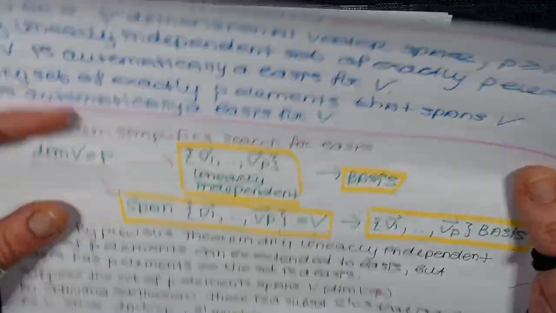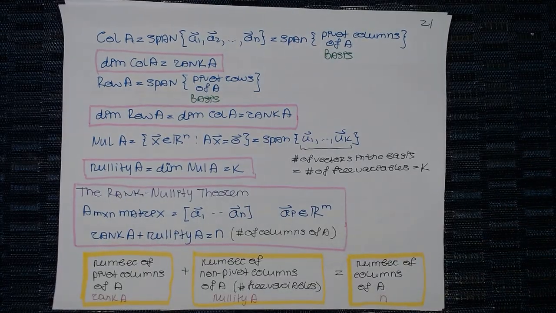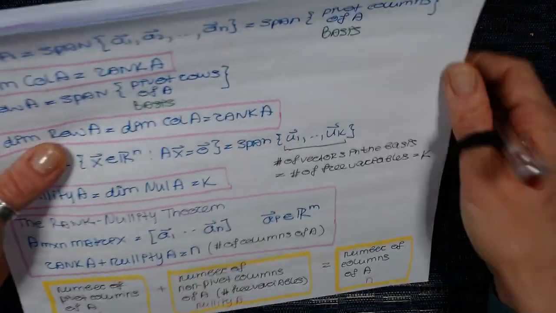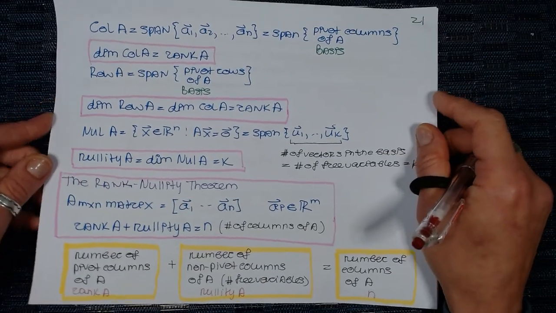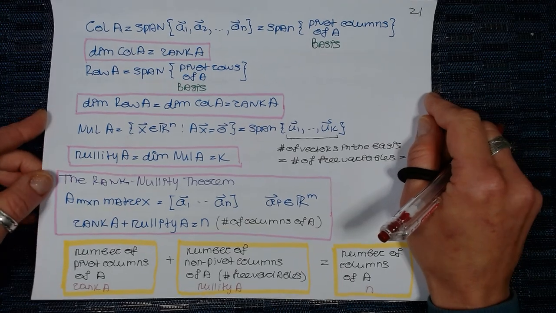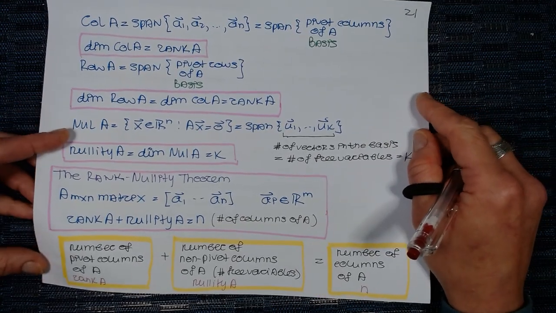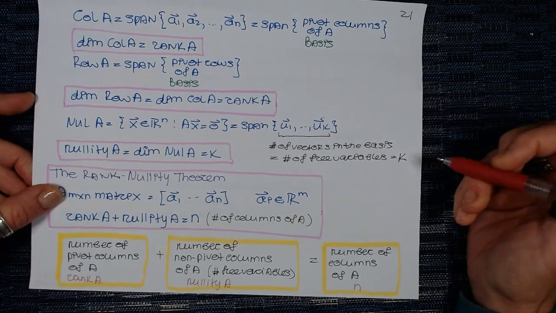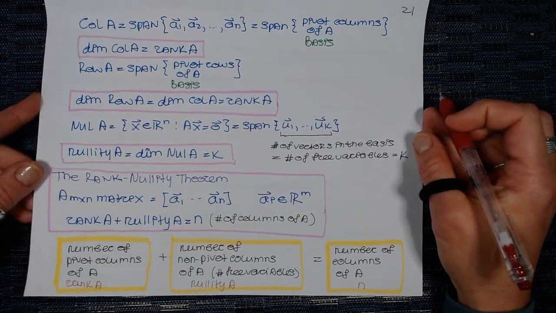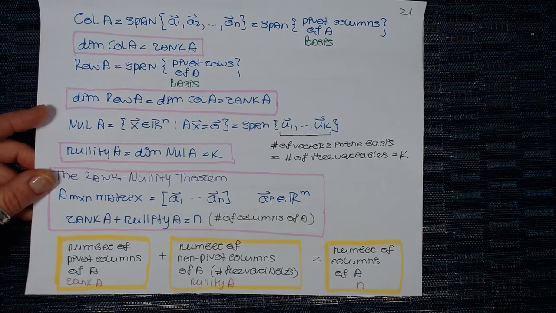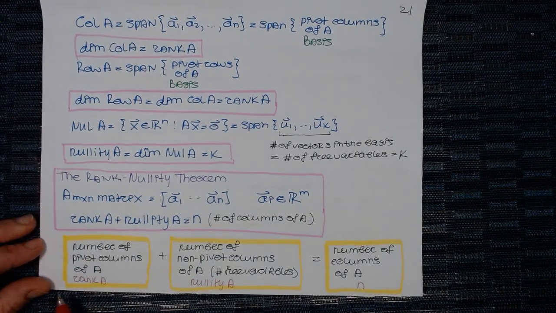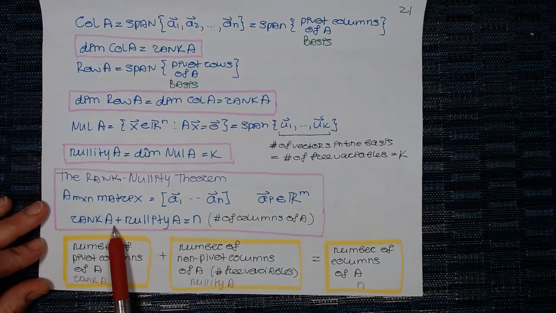Okay, so maybe let's do a couple more examples. It's a review. We kept coming back to column spaces, row spaces, null spaces. Here we'll review a little bit of what we did in chapter 2. The only thing we haven't really reviewed from chapter 2 is the rank nullity theorem.